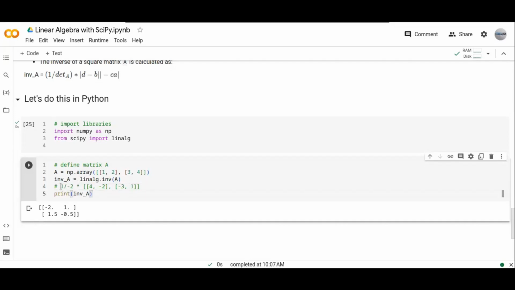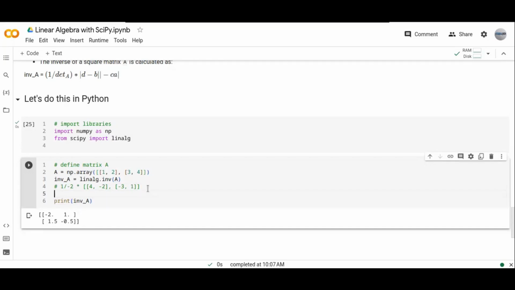Let's multiply 1 over this, which means -1 over 2 multiplied by 4, that is -2, and -1 over 2 multiplied by -2, that is 1, and -1 over 2 multiplied by -3 gives us positive 1.5, because 1 over 2 multiplied by 3 is 1.5.